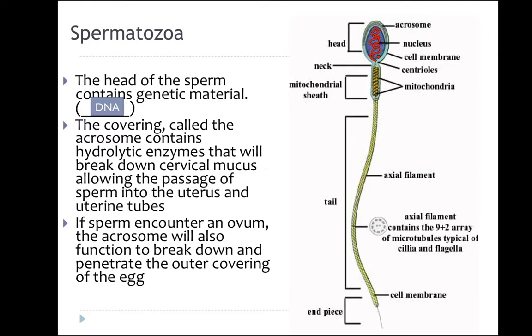So some from the maternal chromosome, some from the paternal chromosome will wind up in this DNA head. And this is the same DNA that will combine with the female's single set, her haploid content of DNA, and when the two of them combine, that's how we wind up with a complete cell with a diploid set of chromosomes.